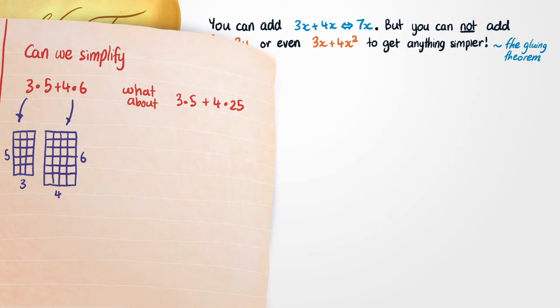Now, the next case is actually really similar. I've asked, what about 3 times 5 plus 4 times 25? Now, 25 is the exact same thing as 5 squared. So in this case, I'm asking, what about 3 times 5 plus 4 times 5 squared? Okay, so I probably don't need to draw this for you, but I'm going to do it anyway.